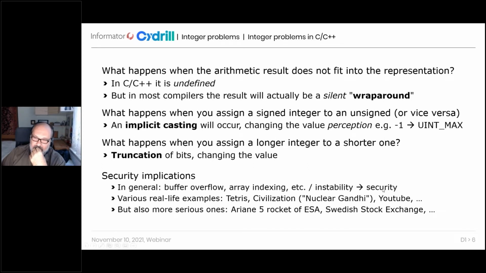But we have much more serious consequences. This is generally one of the examples we bring in. The Stockholm Stock Exchange had a very interesting problem some 7 or 8 years ago, when somebody by mistake entered a negative number into one of the fields, and that negative number was converted into an unsigned by the system somehow in the Stockholm Stock Exchange system, or some system being used there.